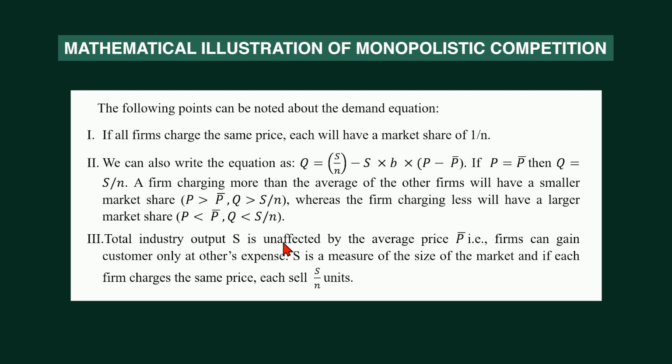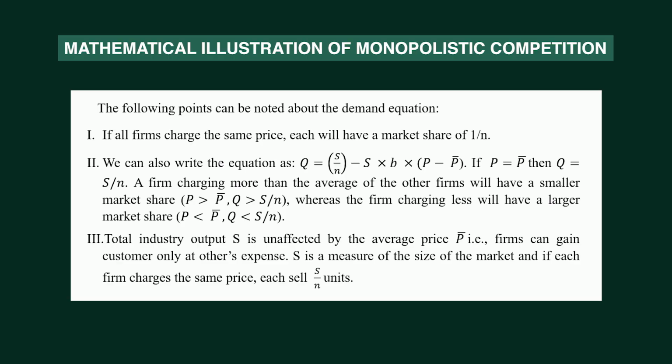So this is what is going to happen here, and total industry output S remains unaffected by the price P bar. So it does not matter what the other firms are charging. So firms can gain customers only at others' expense. So the bottom line is that if I want to gain, someone has to lose. If some firms lose customers, then those customers will come to me, and they will come to me if I can charge a lower price.